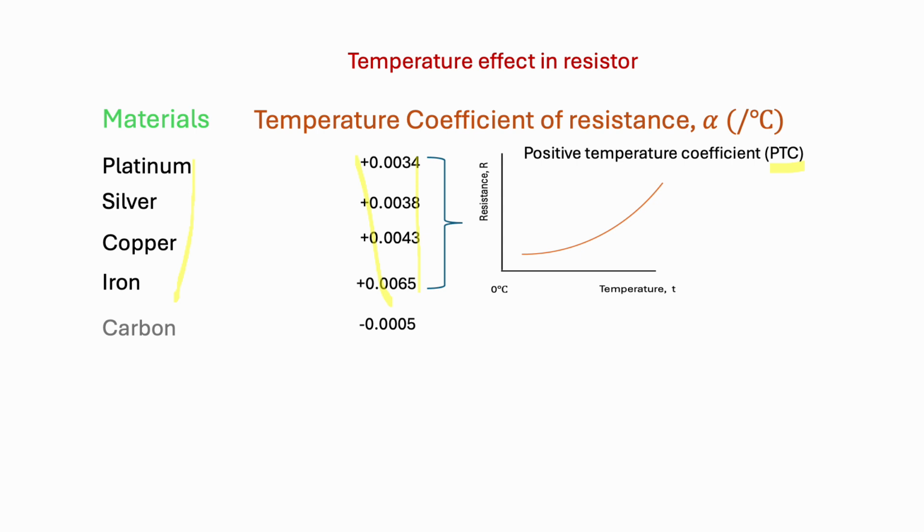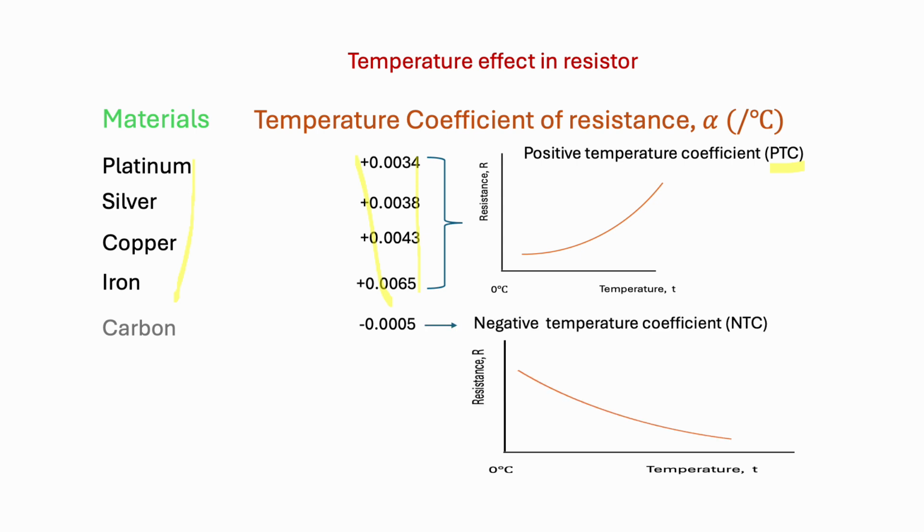So what about carbon? Carbon is a non-metal conductor and it has a negative temperature coefficient, which is NTC. So the graph shows the resistance of carbon material decreasing with the temperature.